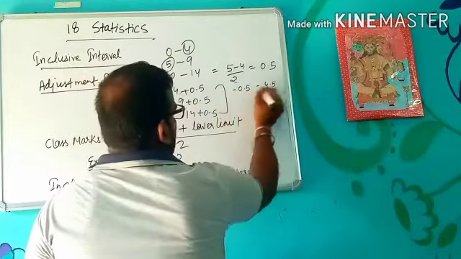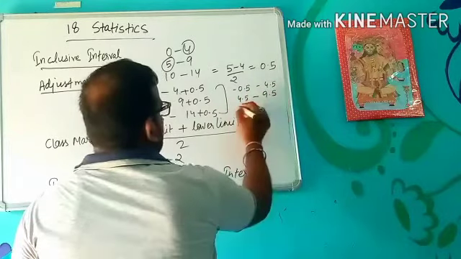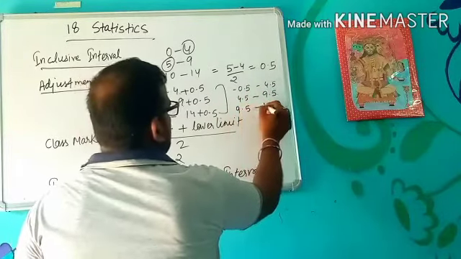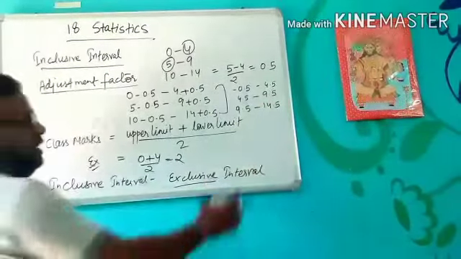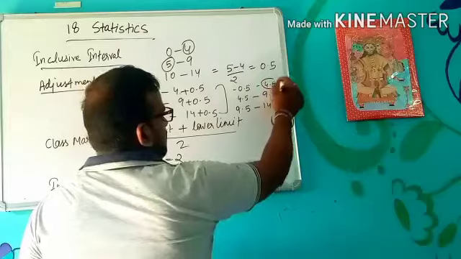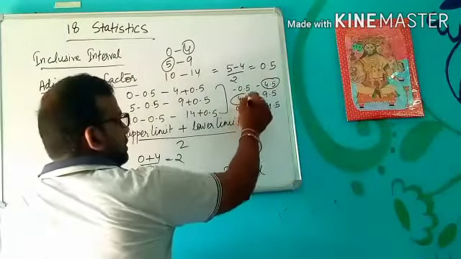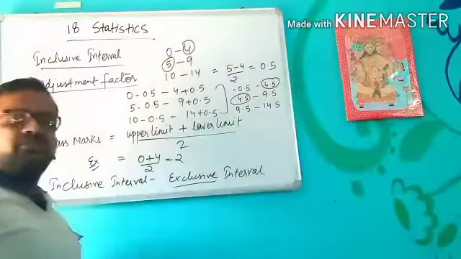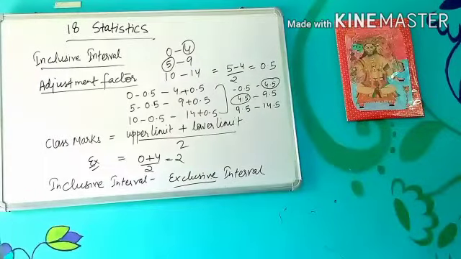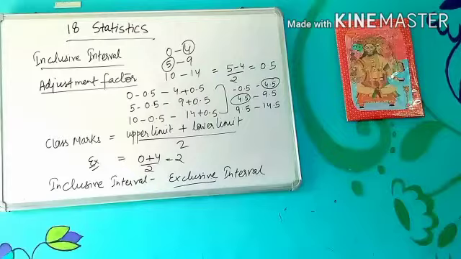Minus 4.5 and then 4.5 to 9.5, then 9.5 to 14.5. Okay, so here you can see clearly now these upper limit of the interval and lower limit of the next consecutive intervals are now coinciding. So this interval has been converted into the exclusive interval. So this is how you can convert an inclusive interval to the exclusive interval.